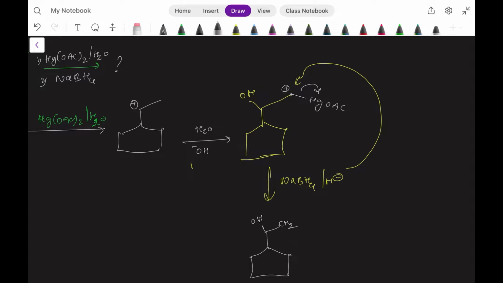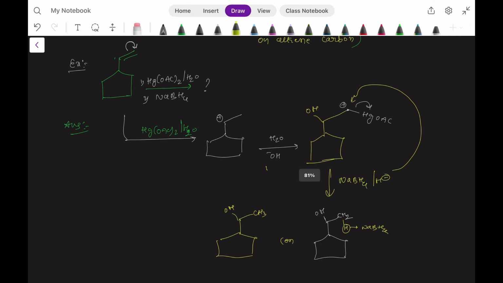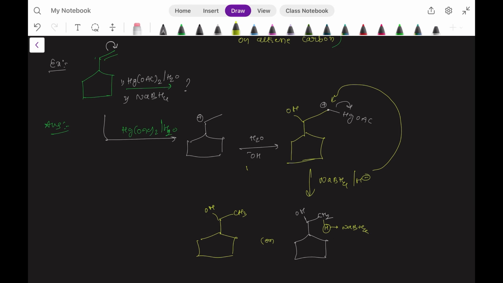Here CH2 will be there, but one more H always comes from NaBH4. So the product is the CH3 derivative only. Sorry, the alcohol derivative, and the terminal carbon. Generally we will write CH3, but where does that H come from? That H comes from NaBH4. Don't forget this one. This is the answer for this.